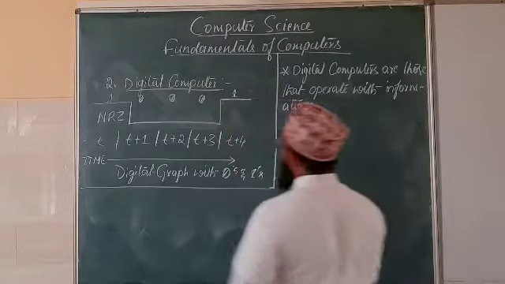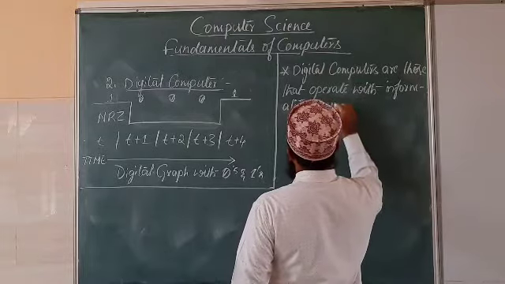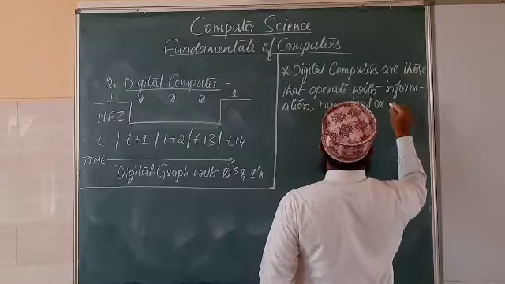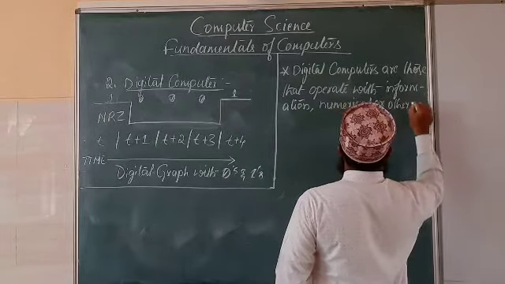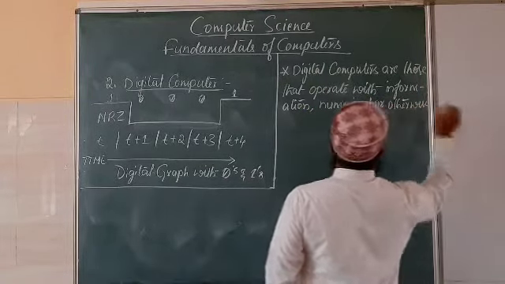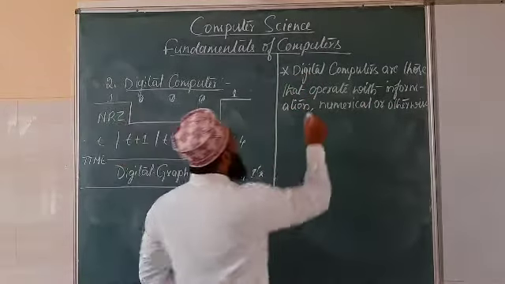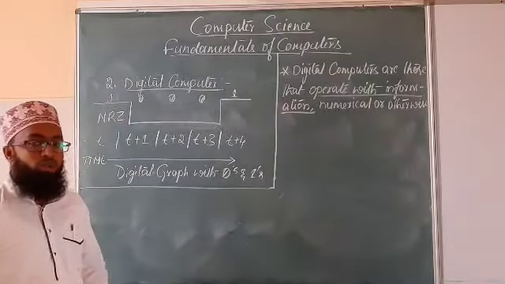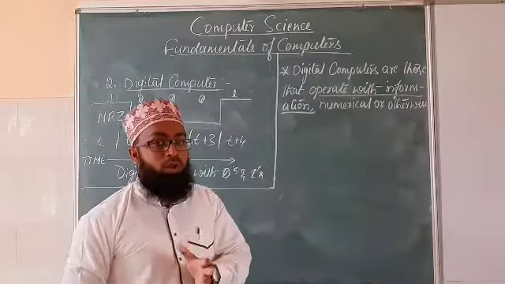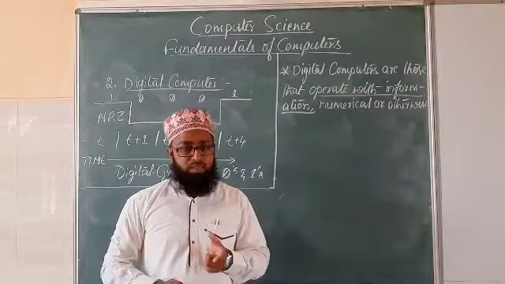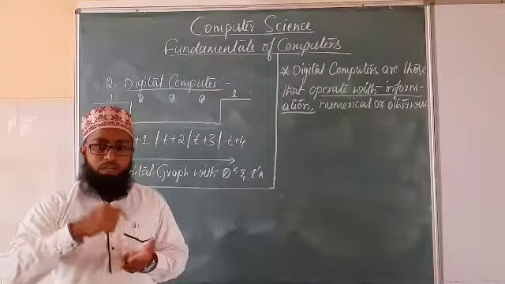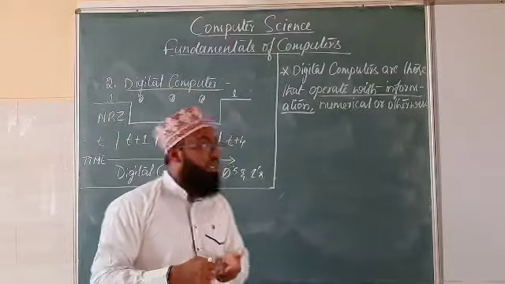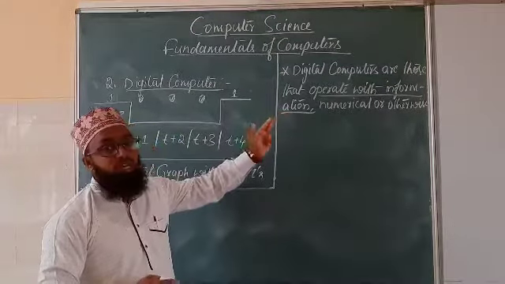And what type of information? Either it may be numerical or otherwise. See, digital computers are those that operate with information, whereas the analog computer operates with quantities. Just like time and temperature, they are quantities. Analog computers work with quantities, whereas digital computer works with information.